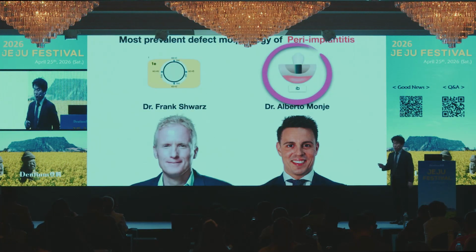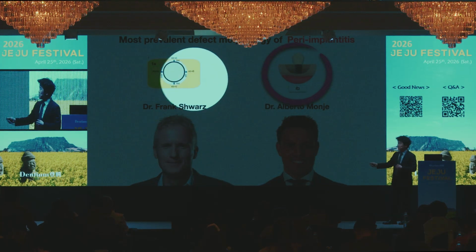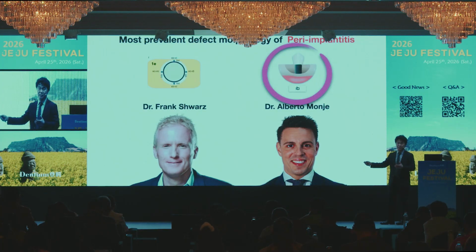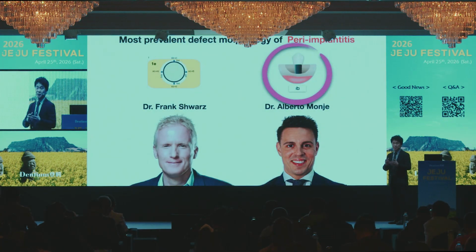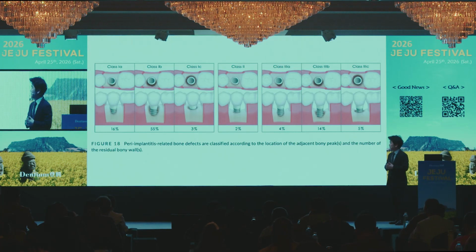In 2006, Frank Schwarz's article said the most prevalent was circumferential. But now the most prevalent type has changed. Why? I think implant design and connection have changed. So it is the cause of the change of defect, I think.